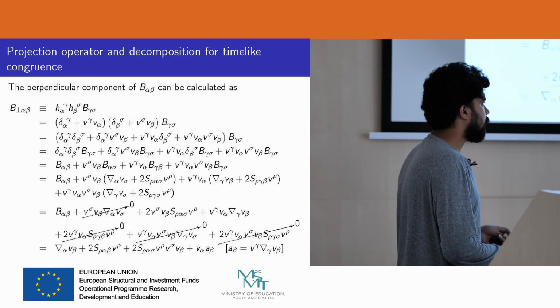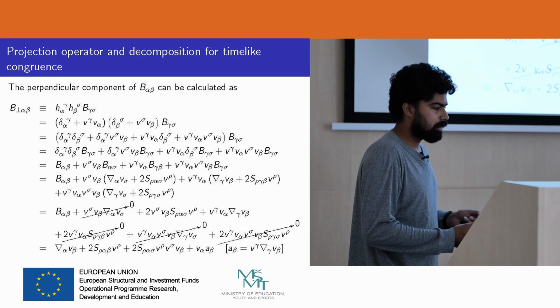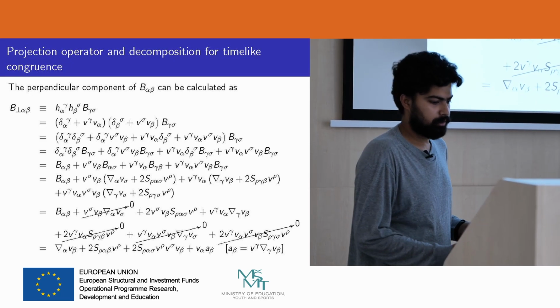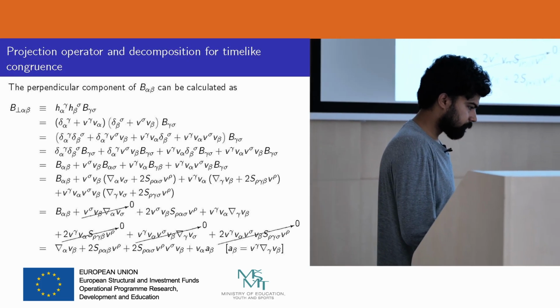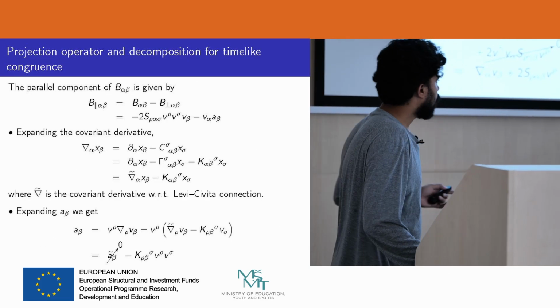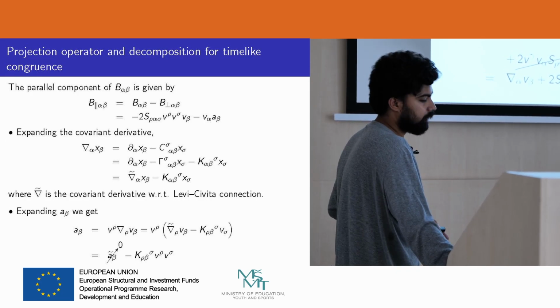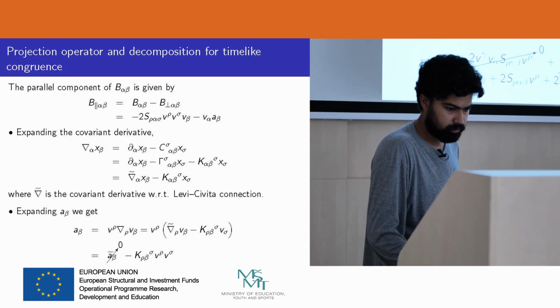So that is basically we can say it is acceleration, which is 0 if we are considering the geodesic. We are not putting alpha beta to 0 here, and we will expand it for the torsion case, and we will show it later.